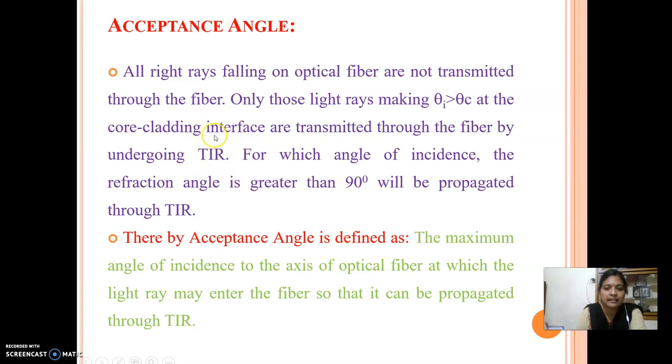Only those rays will enter the optical fiber and undergo TIR. Thereby we can define acceptance angle as the maximum angle of incidence to the axis of the optical fiber at which a light ray enters the fiber so that it can be propagated through TIR. That is called acceptance angle.